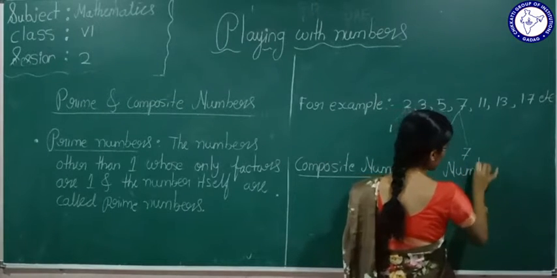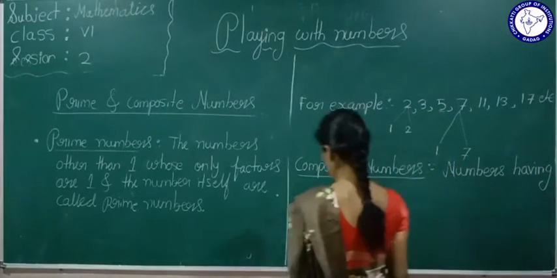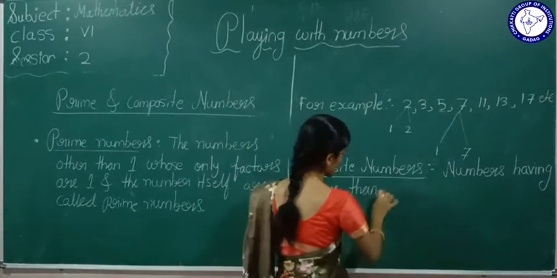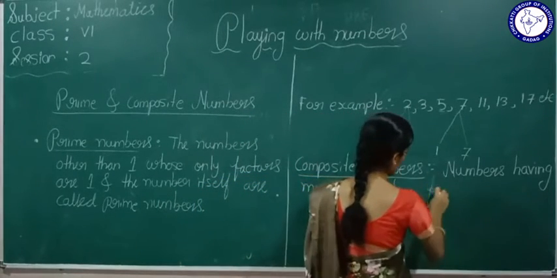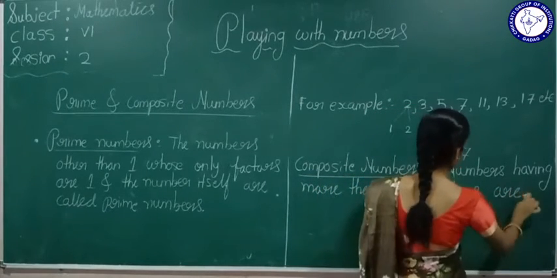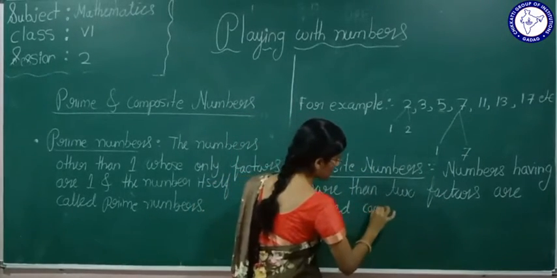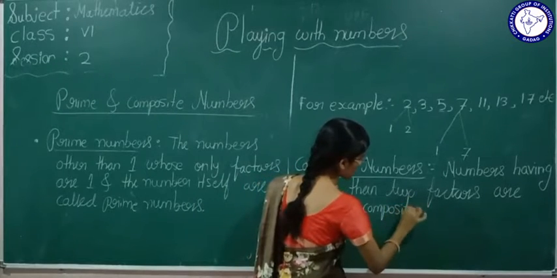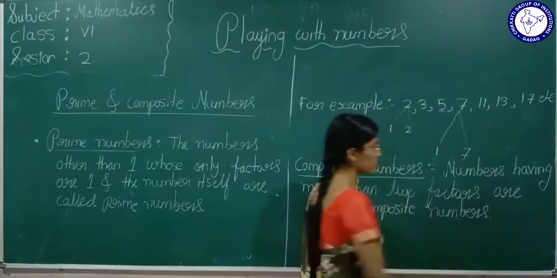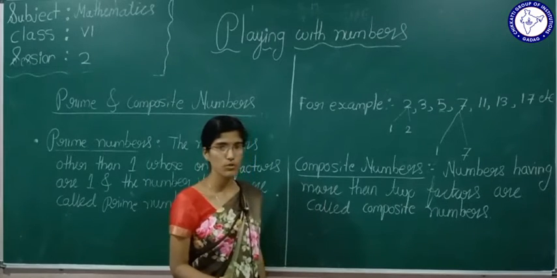Numbers having more than 2 factors are called composite numbers. Now see here, numbers having more than 2 factors are called composite numbers.